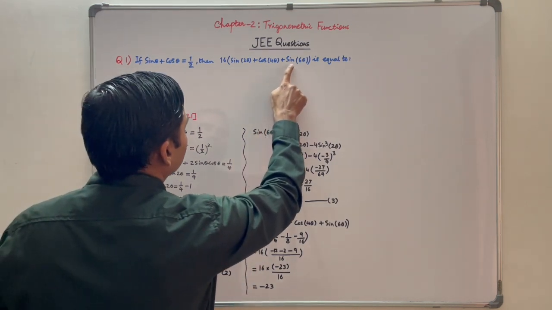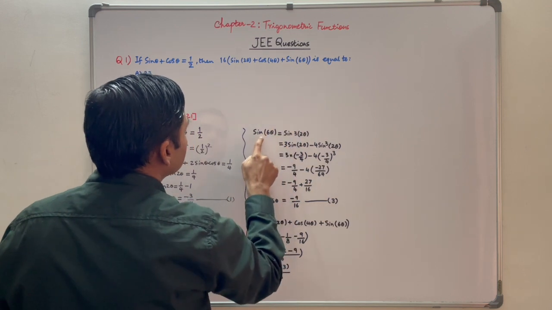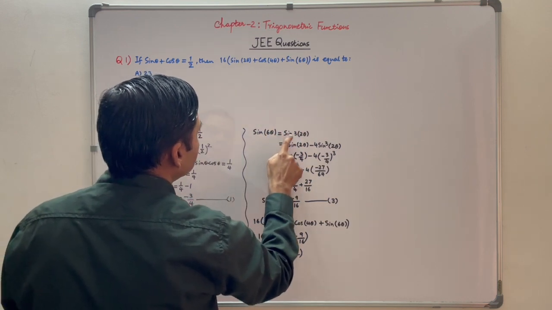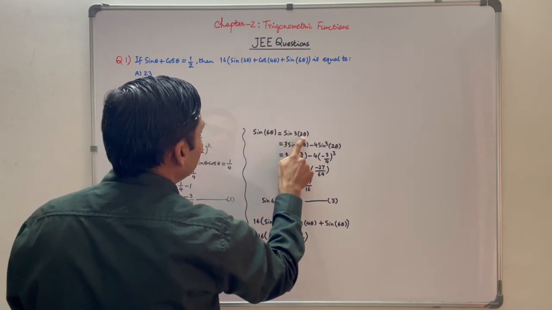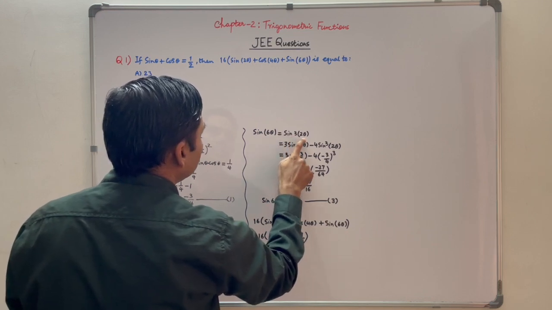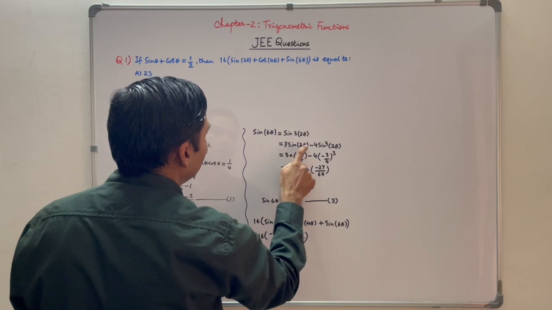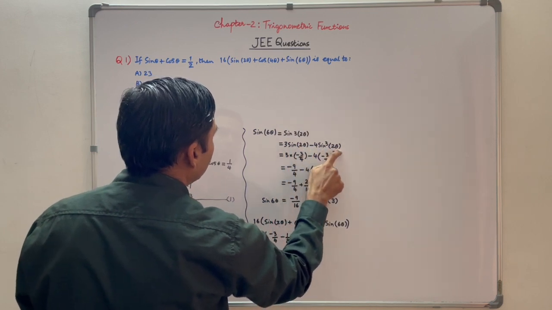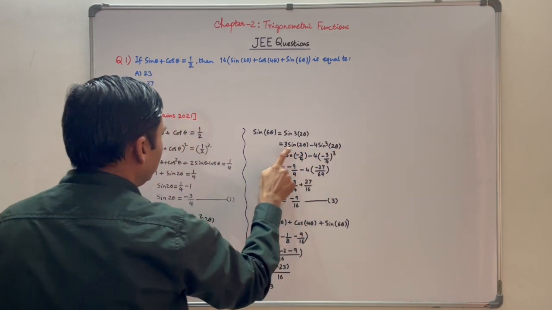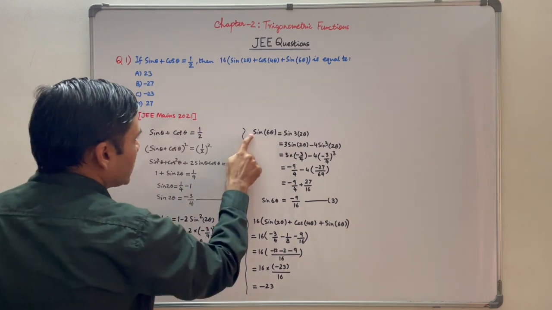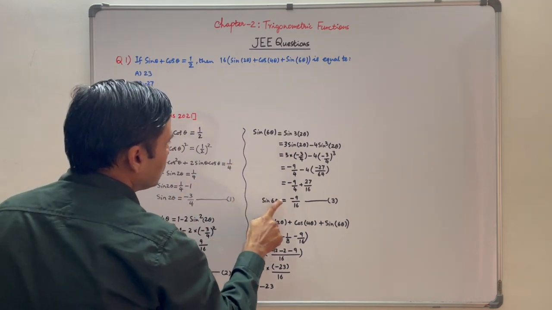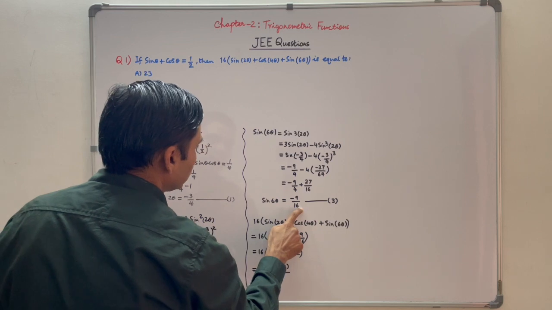Next, we have to get the value of sin 6θ. sin 6θ can be written as sin 3 times of 2θ. Let's say α is equal to 2θ. So sin 3α is equal to 3 sin α - 4 sin³α. Value of sin 2θ we can put from here. So sin 6θ comes out to be equal to -9/16.